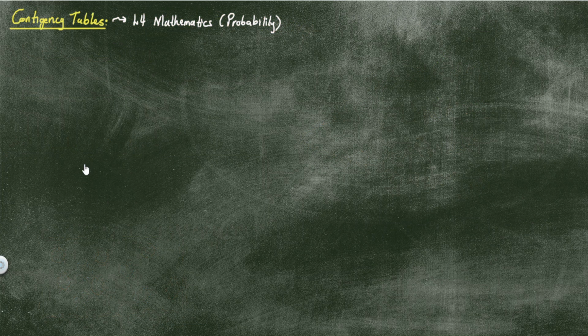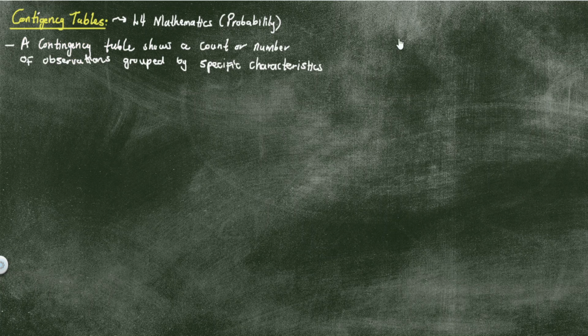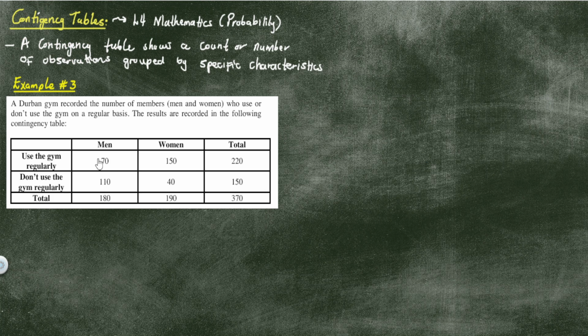Alright, so contingency tables are the last topic here for today. The contingency table combines a count or a number of observations grouped by a specific characteristic. I think the table in our example shows this, right? In this table we are actually counting people who go to the gym and those who don't go to the gym regularly.